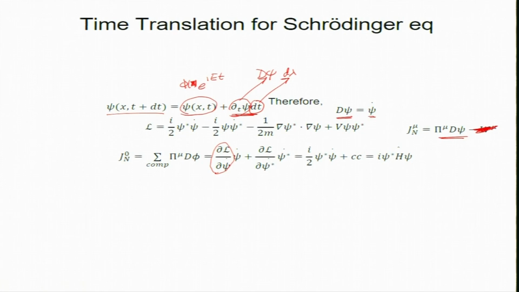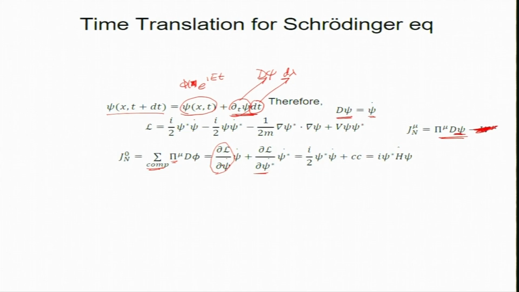That is a definition. Right now I have two components of the field, psi and psi star. We need to sum over both because otherwise I will not get a real energy. The energy must be a real quantity, so I need both psi and psi star. So momentum is partial L partial psi dot for psi, and partial L partial psi star dot for psi star, multiplied by d psi.